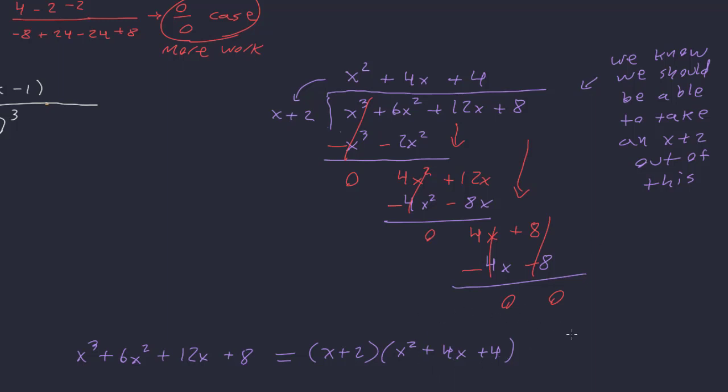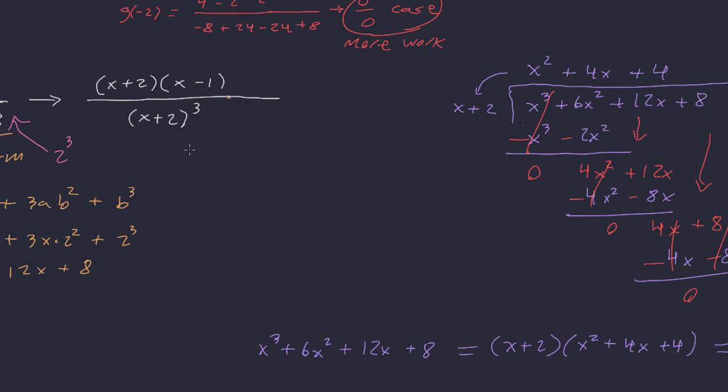And then this can factor without much trouble, because now we're looking for two things that multiply to give us 4 and add to 4. That's going to be x plus 2 and x plus 2. Or x plus 2 cubed.